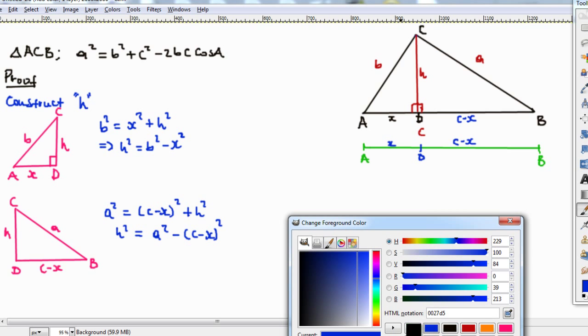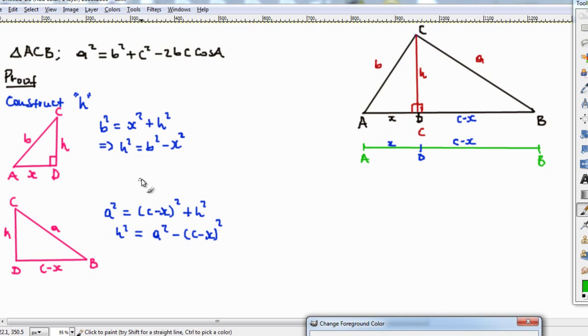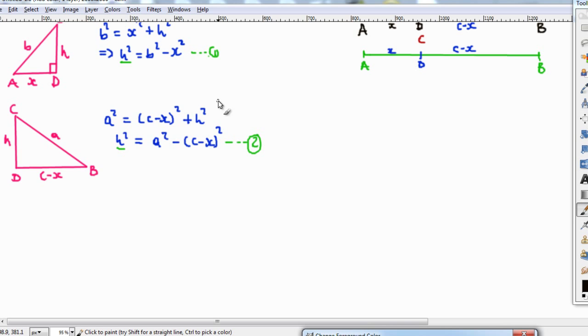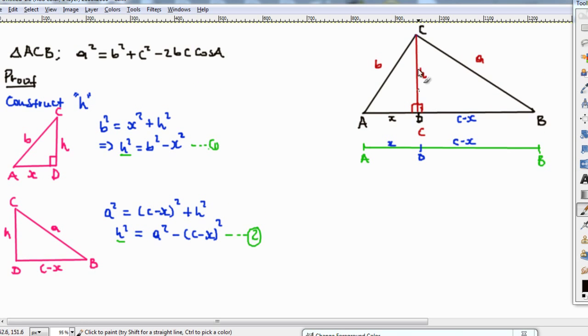So we have two cases. Let's call this equation 1 and this equation 2. So h squared from equation 1 gives b squared minus x squared, and the same h squared from equation 2 gives a squared minus c minus x all squared. That can only mean one thing: these lengths are equal, because remember this is the same h from the same diagram.